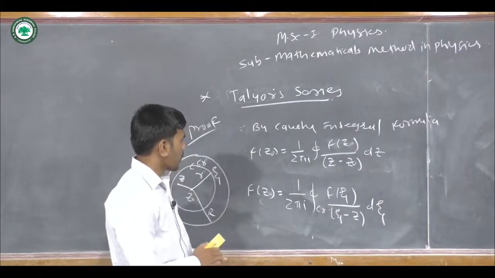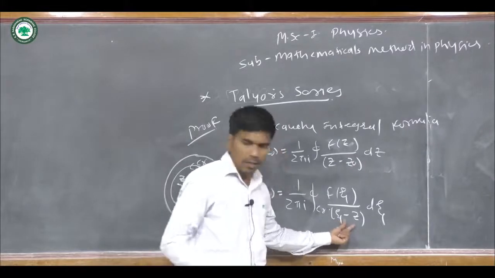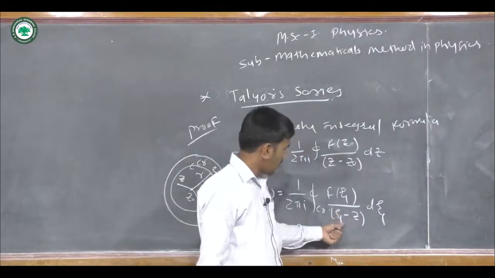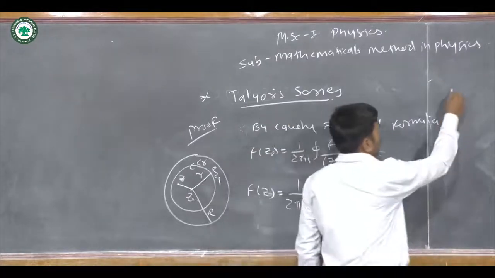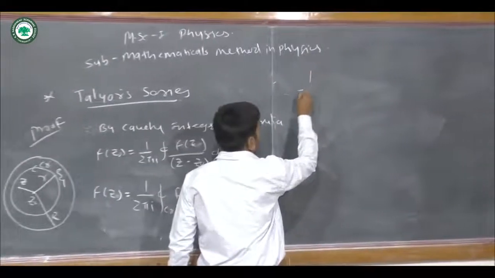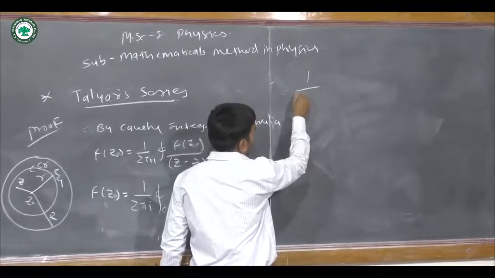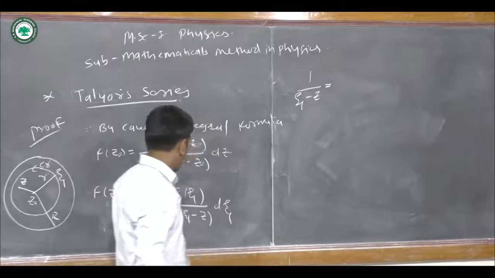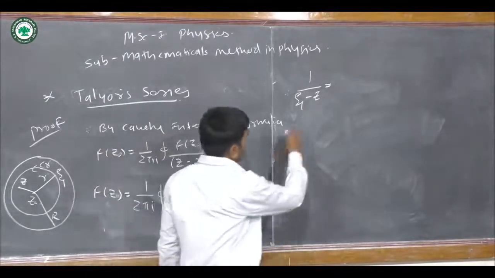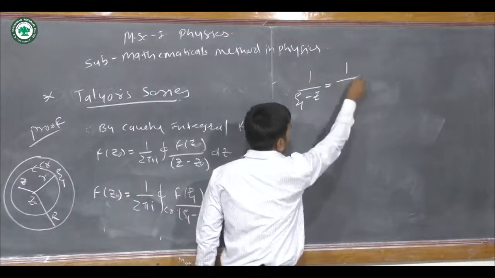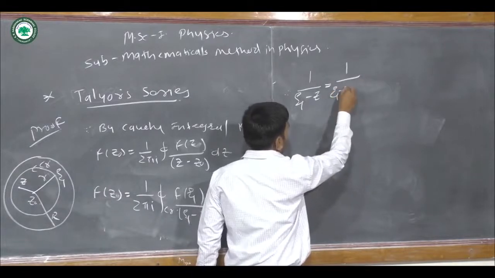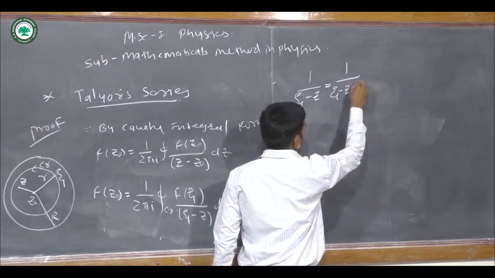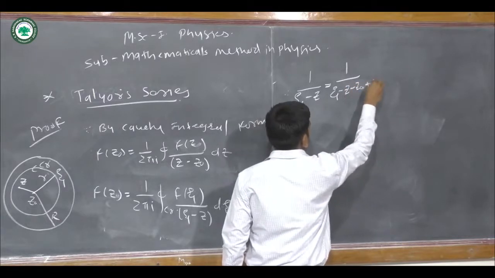Now if I consider the denominator, we have the expression 1 by psi minus z. Okay, so if I consider 1 by psi minus z, and rewrite this in terms of z naught, I am just writing 1 divided by psi minus z naught plus z naught.